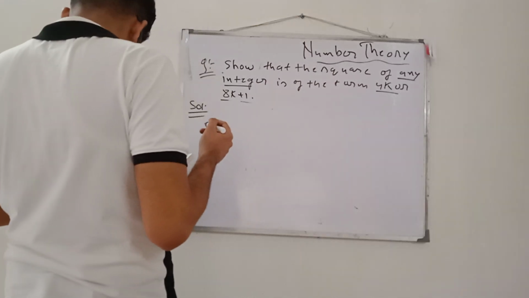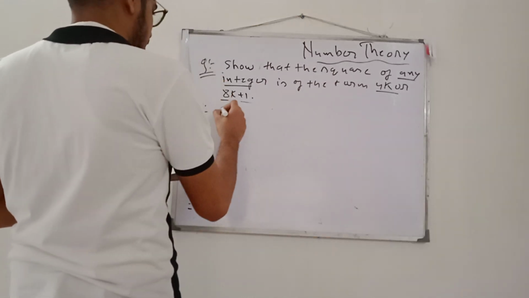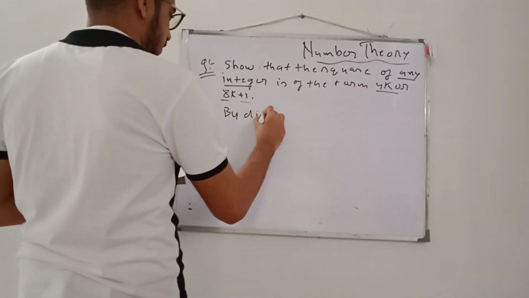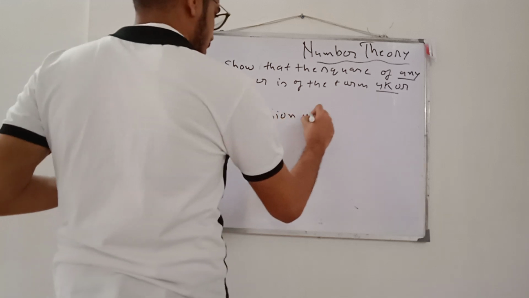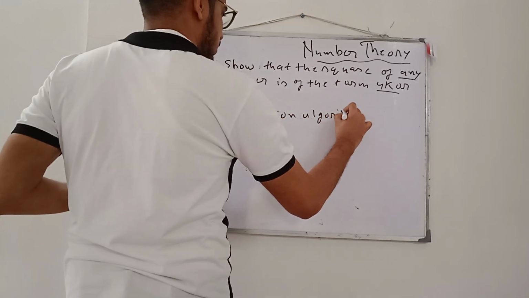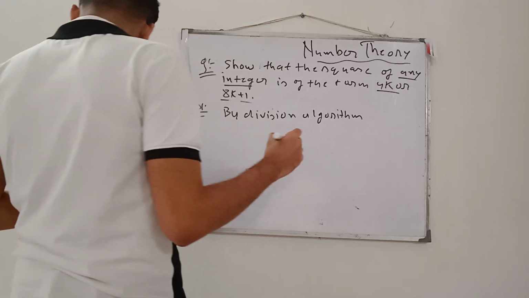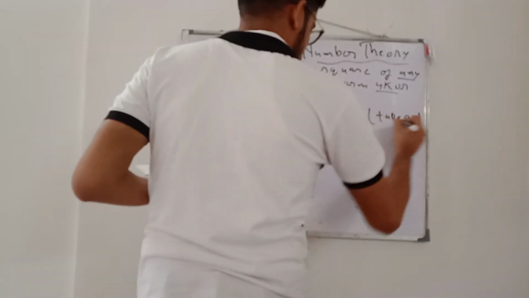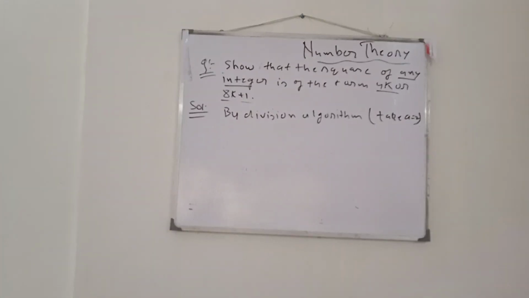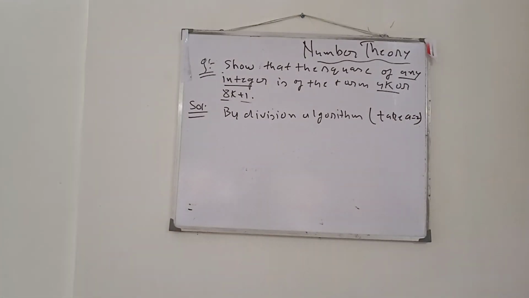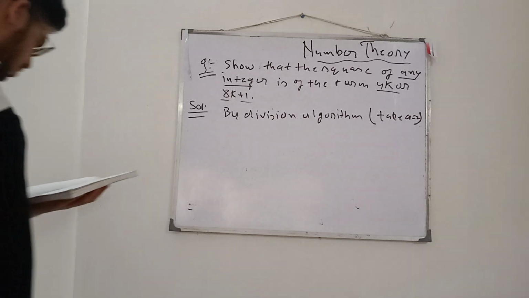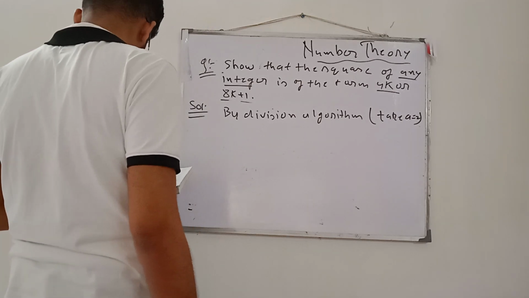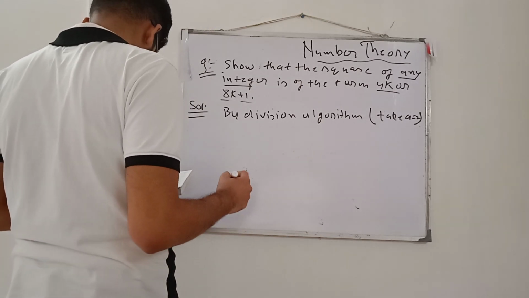Here they are saying by division algorithm, take a is equal to 2. Okay, write it down. By division algorithm, take a is equal to 2.